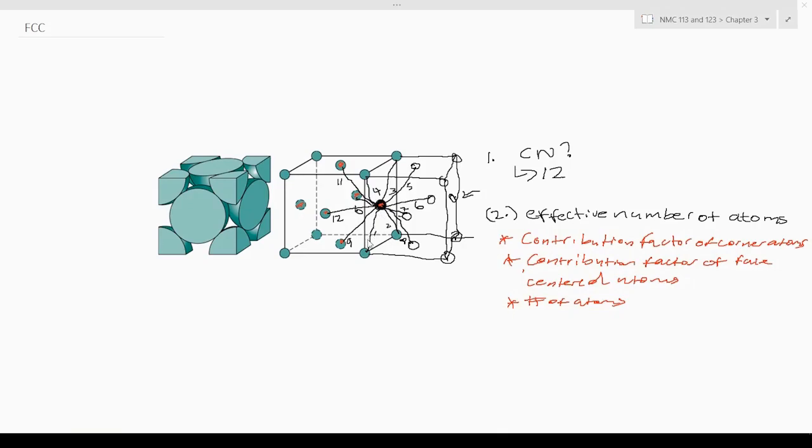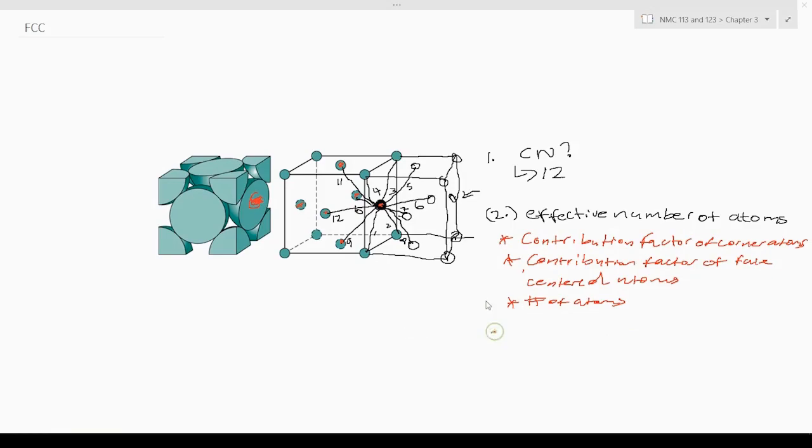Right. So now you have 6 face-centered atoms, and the contribution factor is a half, because, for example, this one is a half atom. You can see that it's part of this unit cell, and it's only half an atom. So the contribution factor of a face-centered atom is a half.